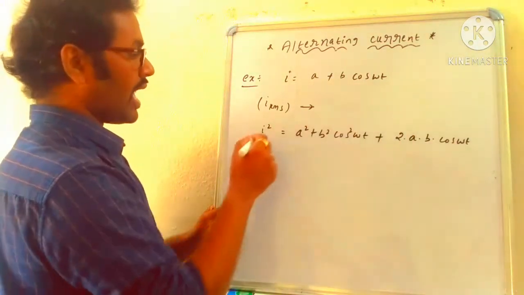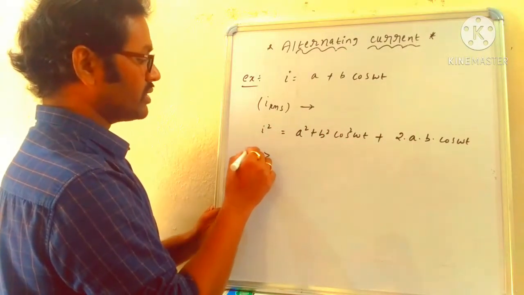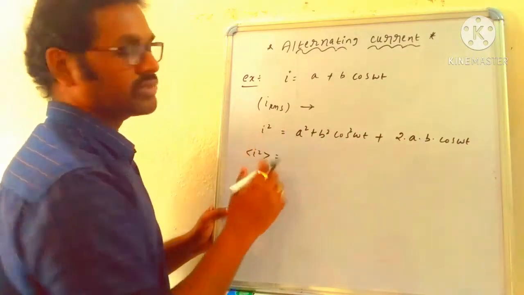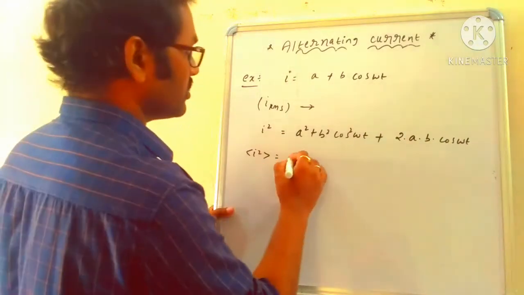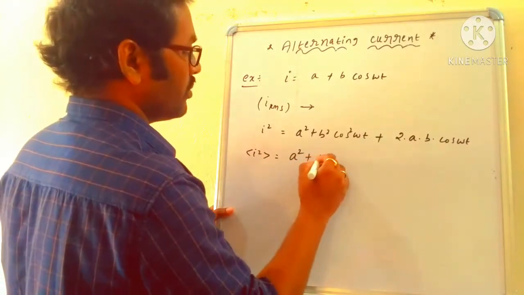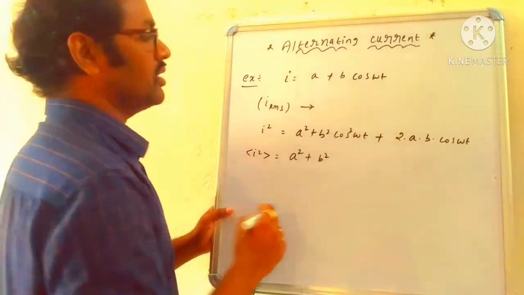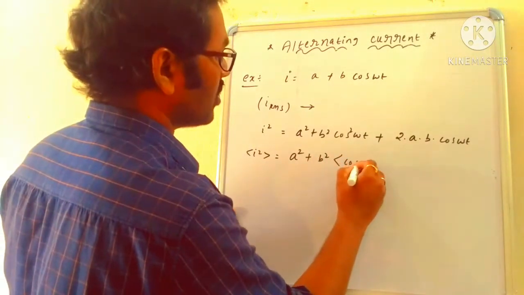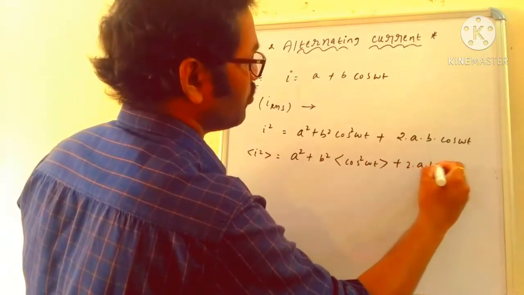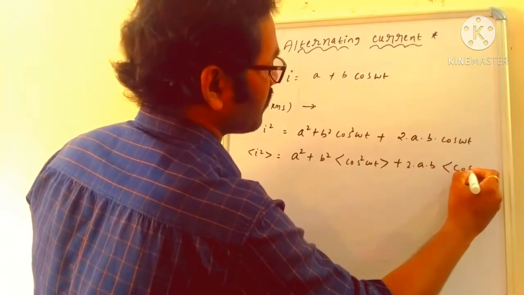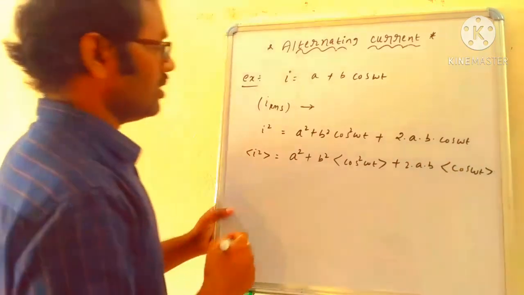Take the average of this I square. A square is constant, so its average is itself, a square. Then plus b square, which is constant, into the average of cos square omega t, plus 2 into a into b into the average of cos omega t.